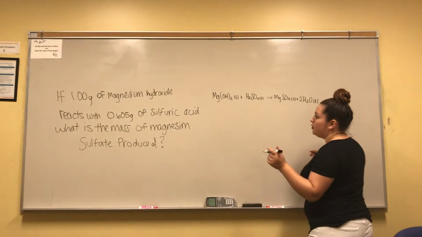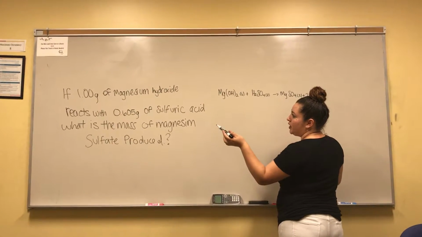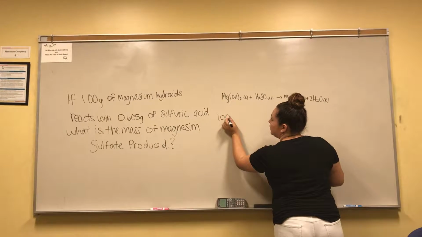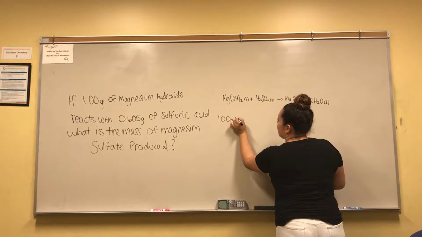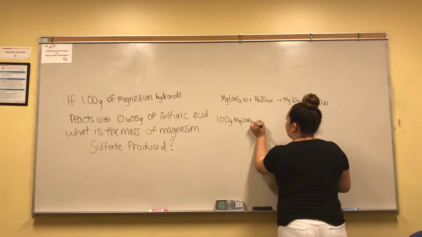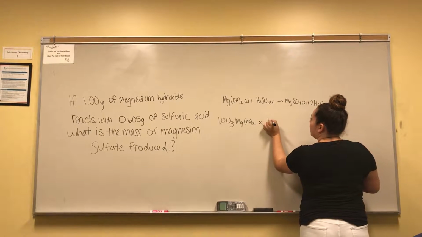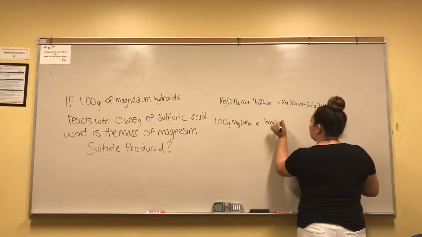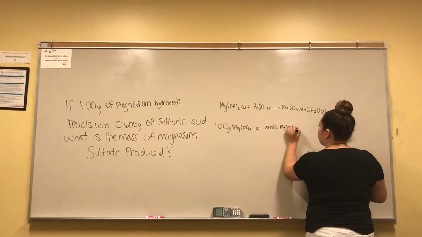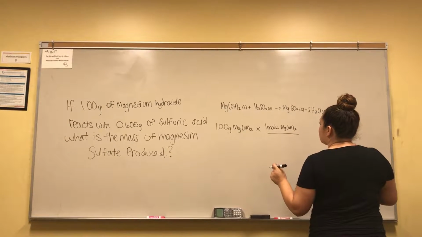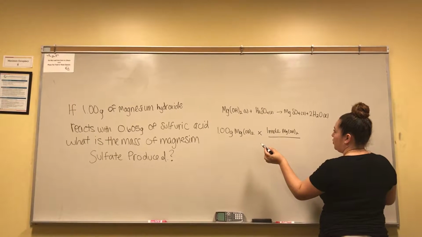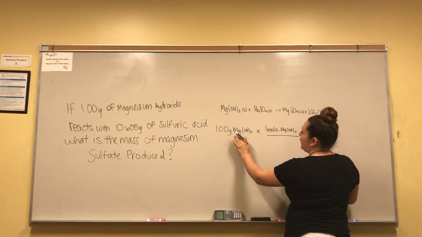And the first thing you want to do is write your given for magnesium hydroxide, which is 1.00 grams of magnesium hydroxide, times 1 mole of magnesium hydroxide over your molar mass.